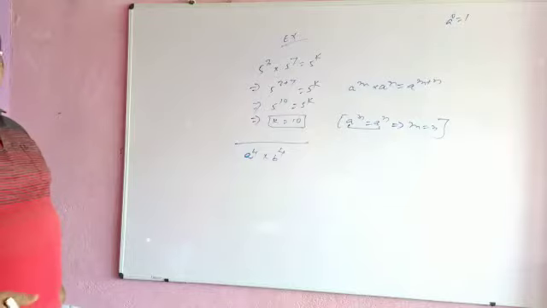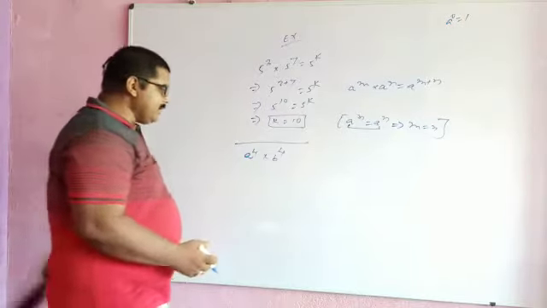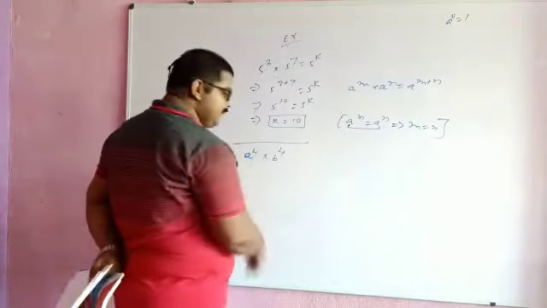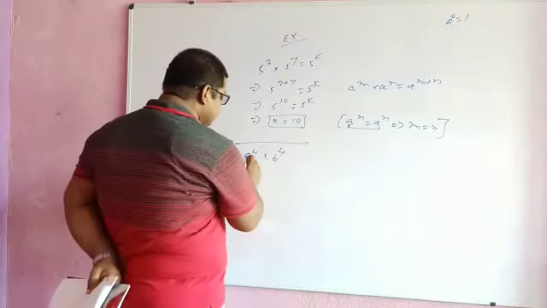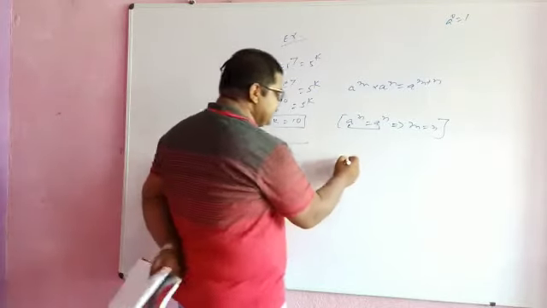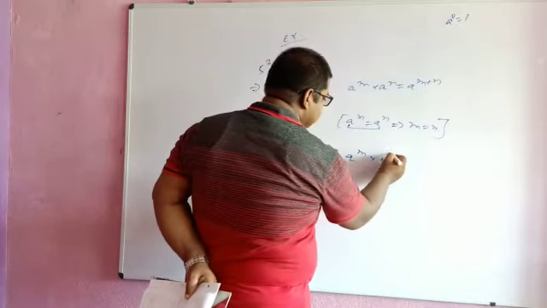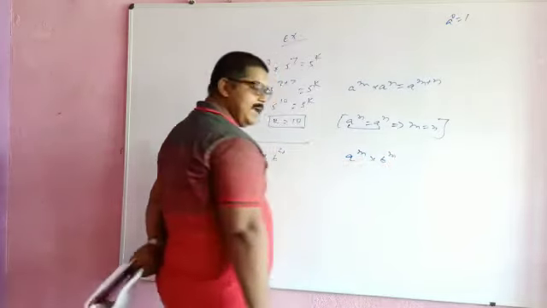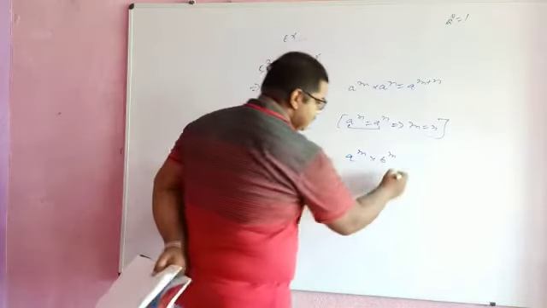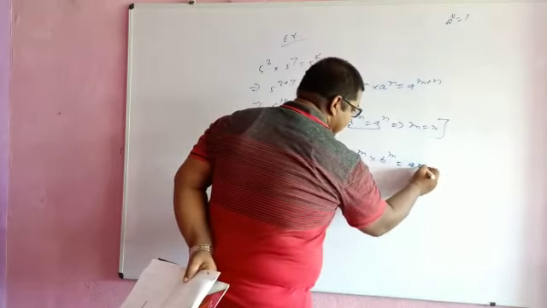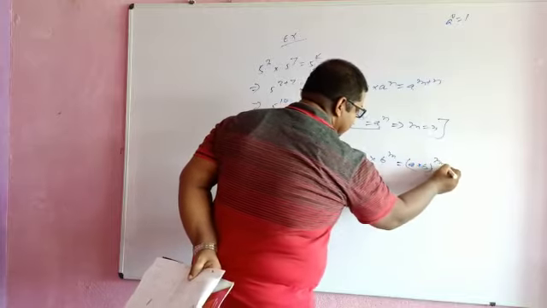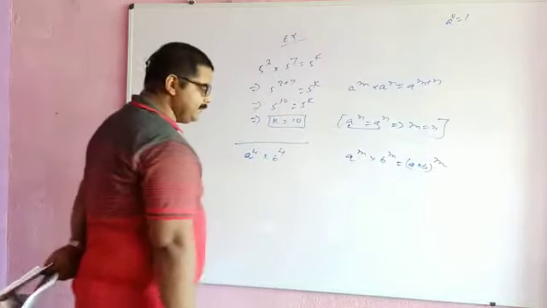Since the bases are a and b, you have to utilize the law, and you can see that there is a law: a to the power m into b to the power m. When bases are different and powers are the same, then what is its value? a into b to the power m.